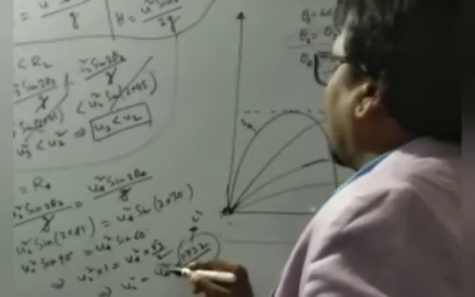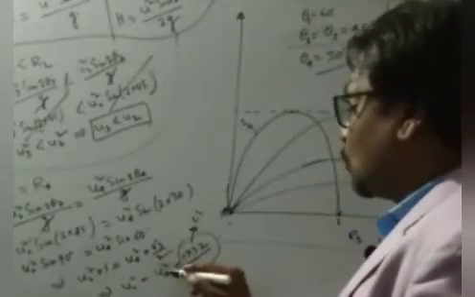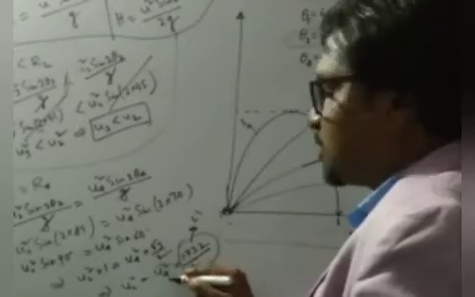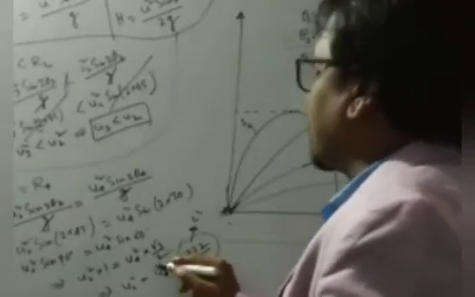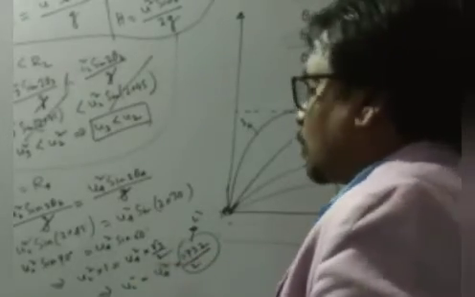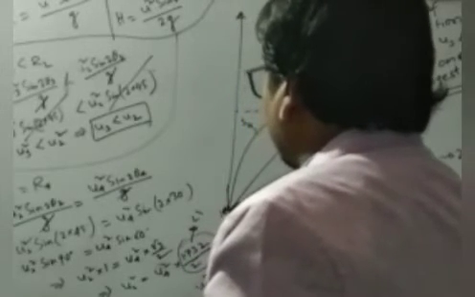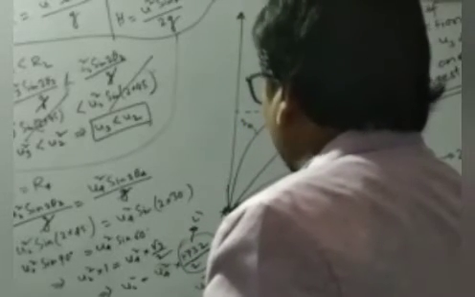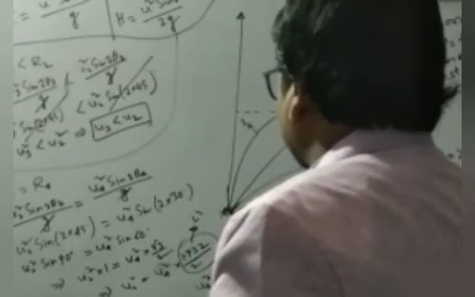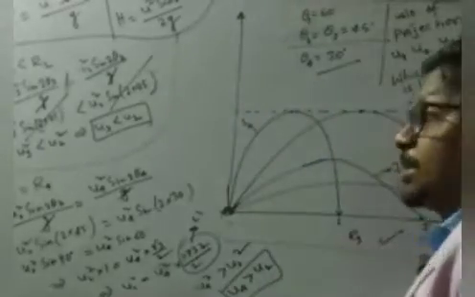So definitely u4 square will be greater than this one, because u4 square is being divided by something less than 1 to give u2 square. That means u4 square is greater than u2 square, and since all the quantities are positive, u4 is greater than u2. So this is the ultimate result here.